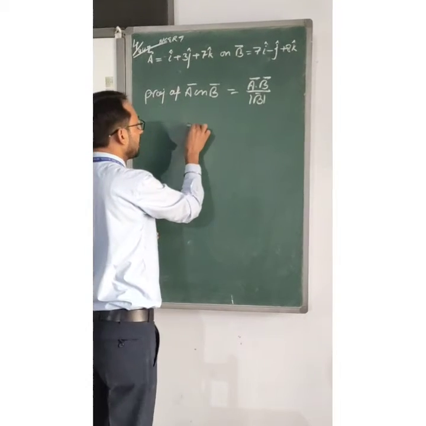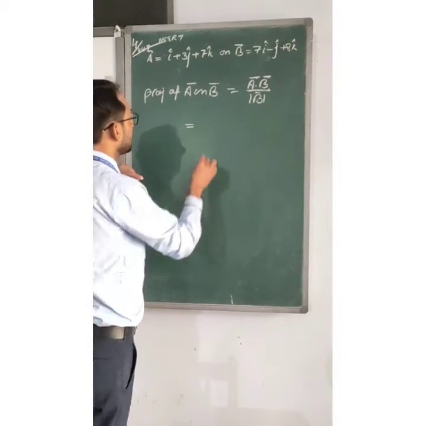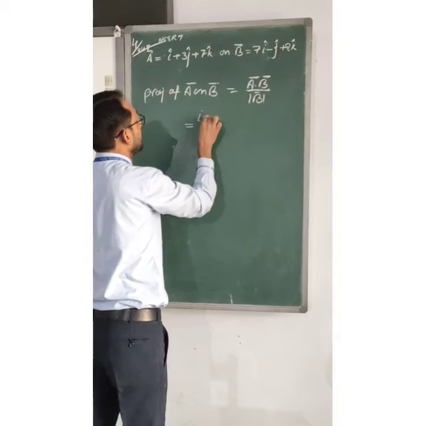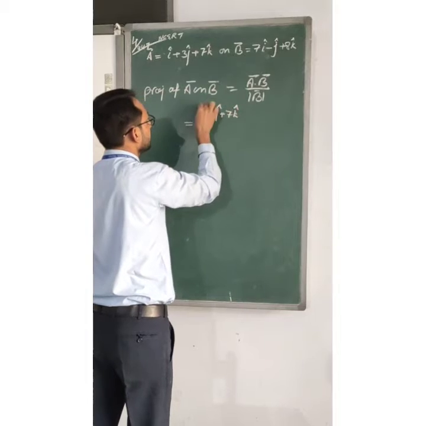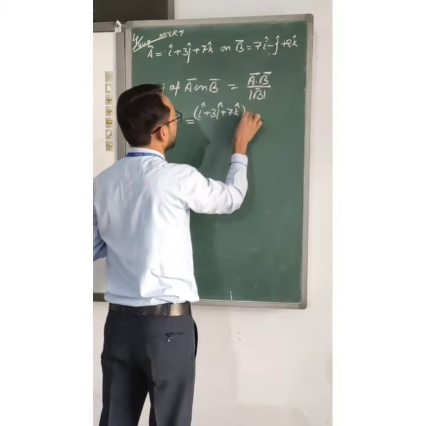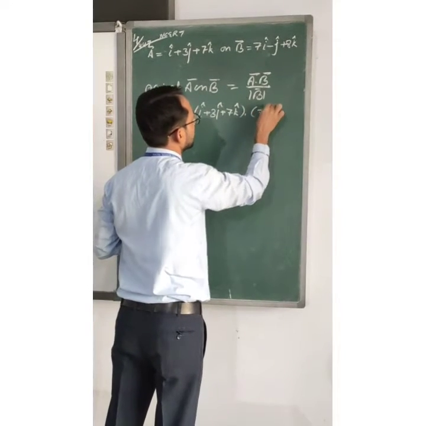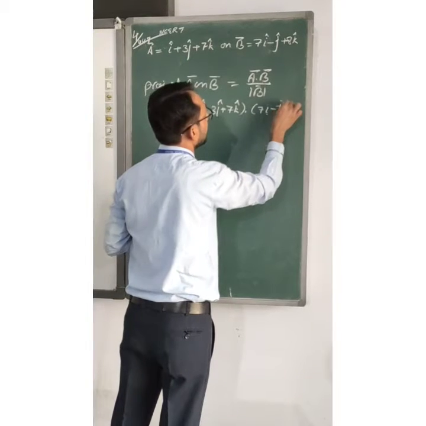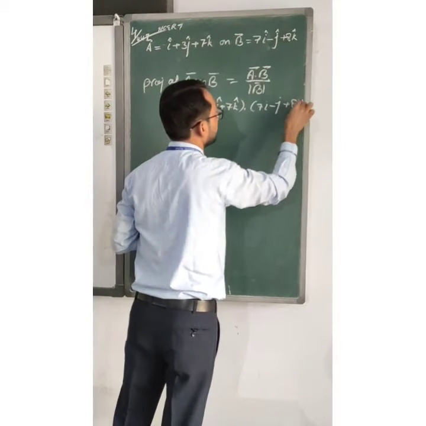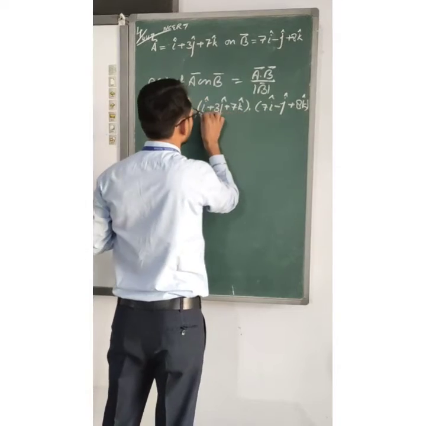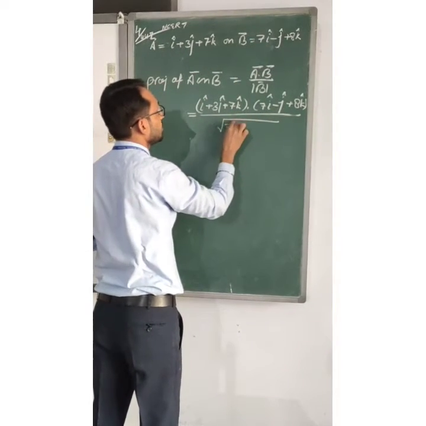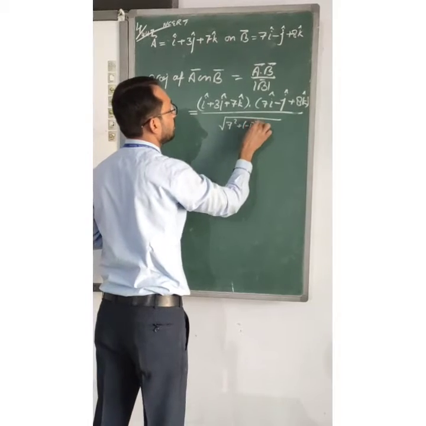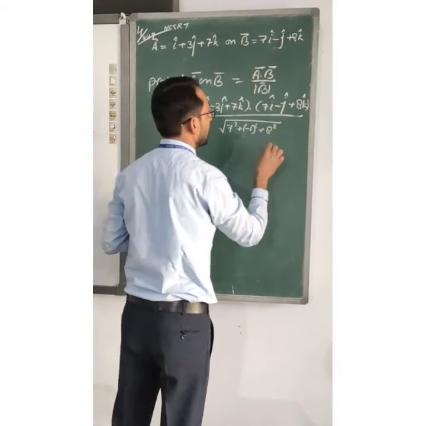So the A dot B calculation: I plus 3j plus 7k, dot product with 7i minus j plus 8k, upon modulus of B, and B is the square root of 7 square plus minus 1 whole square plus 8 square.